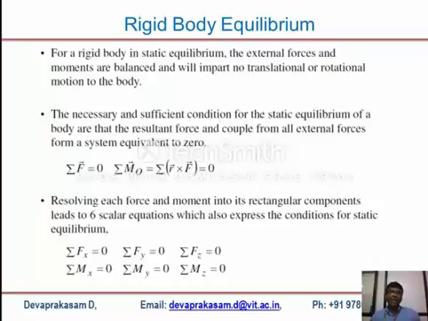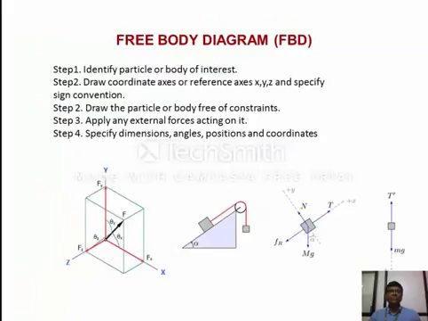So the sum of the forces and the sum of the moments should be zero. It will give us six equilibrium equations in a three-dimensional Cartesian coordinate system.